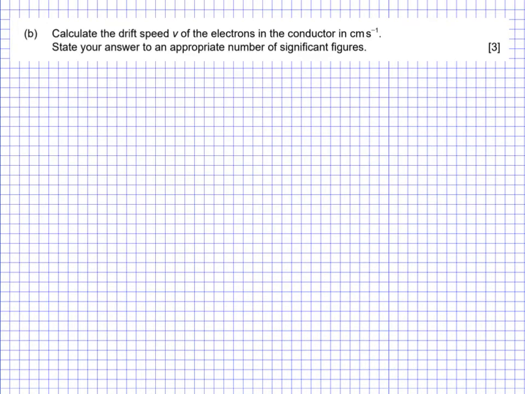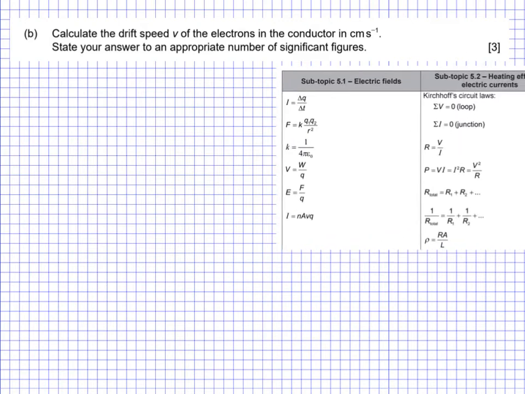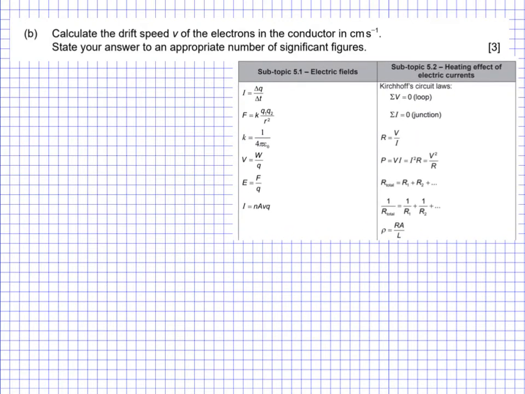Okay, part B, we're now just calculating the drift speed. So hopefully you can recall, if not, you can use your data sheet. But here's the drift speed equation. So the current is going to be equal to the number of charges per unit volume, that's this n, multiplied by A, which is the surface area, v is the velocity, the drift speed, and then q is the charge.